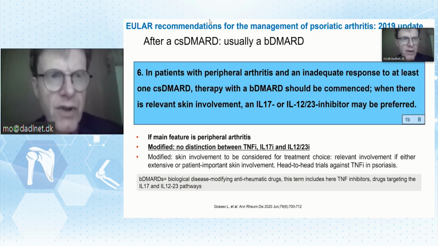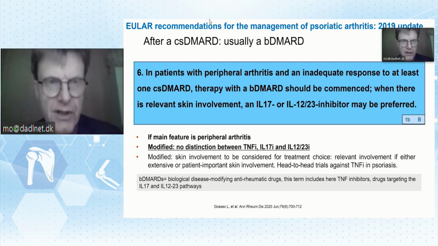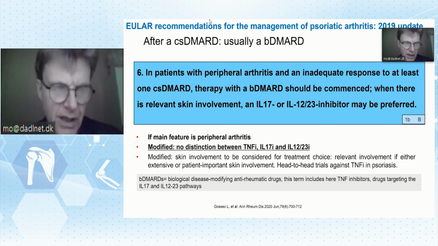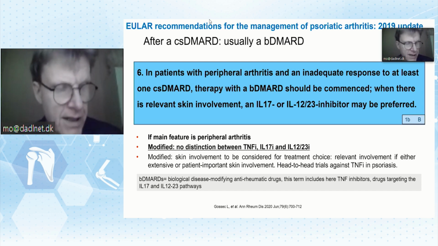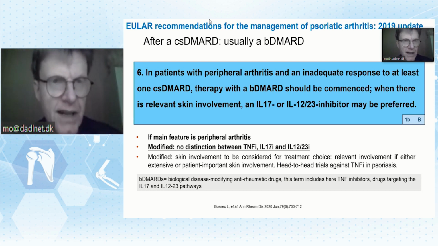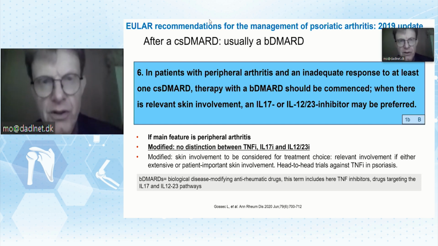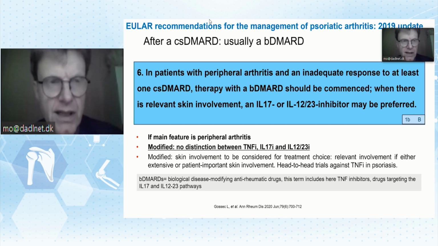Then what should you do thereafter? If the treatment does not work, either the conventional synthetic DMARDs in polyarthritis, or if you skip that step, then you should consider using a biological DMARD. Actually, it's not said you should consider it, you should start it if there's enough disease activity.